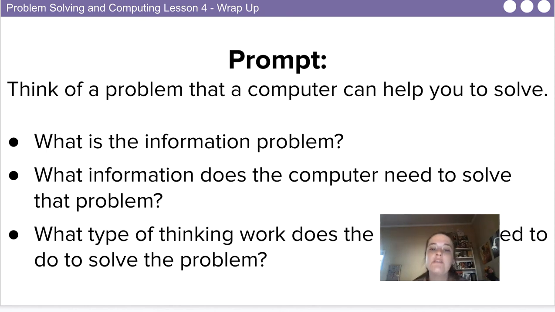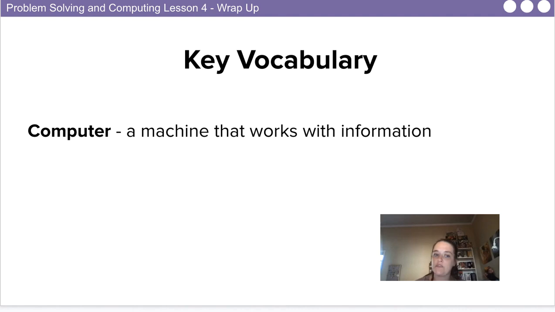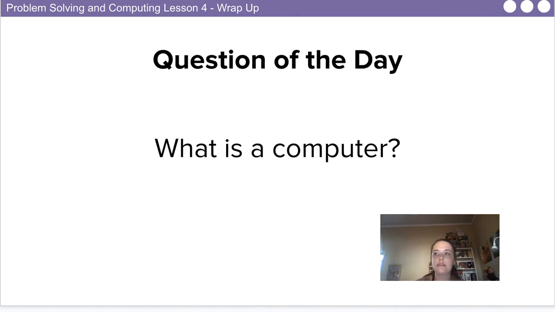What type of thinking work does the computer need to do to solve the problem? Think about those, answer them in your journal. Don't forget to add the key vocabulary to your journal. And see if you can answer our question of the day, which is, what is a computer?